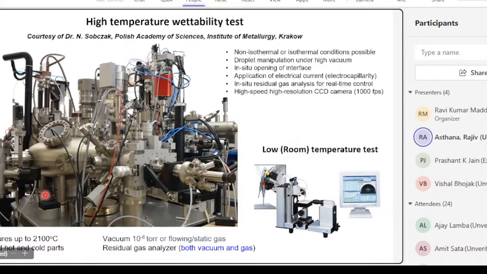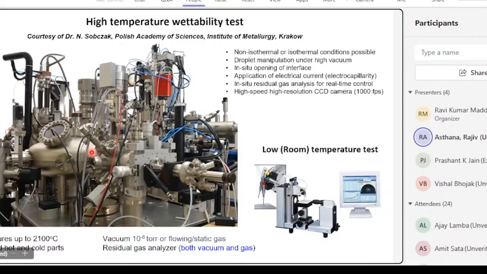So this is a system for wettability measurements at very high temperatures. This was actually designed and built by one of my colleagues in Poland, Dr. Natalia Sobczak. She's the vice president of the Polish Academy of Sciences right now. The whole problem here is that you have to have capability for very high temperatures, isothermal conditions, under very high vacuum, 10 to the power -7 torr.